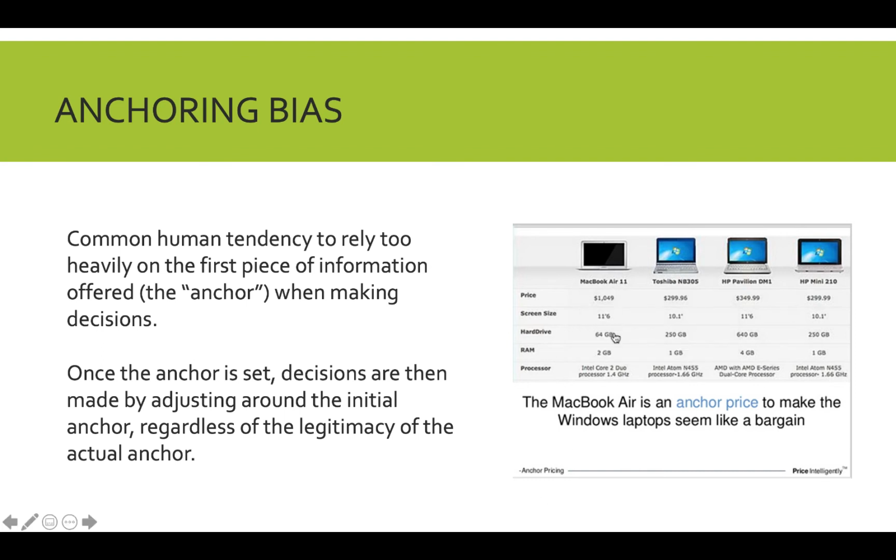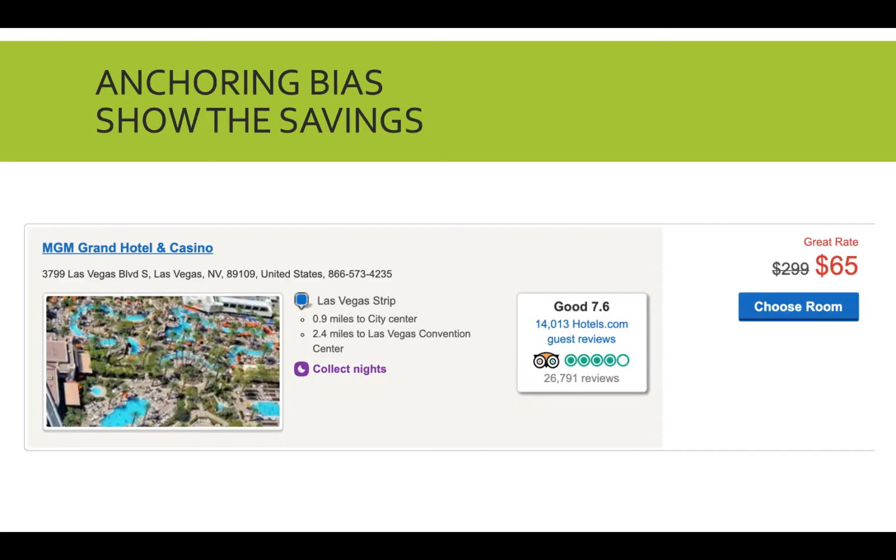So they show you the expensive MacBook Air, and then they compare the far lesser expenses with the features of the other products. So we play with this all the time, and we do testing to see, should the anchor price be on the end? Should it be the first one you see? But definitely a really important piece of marketing.